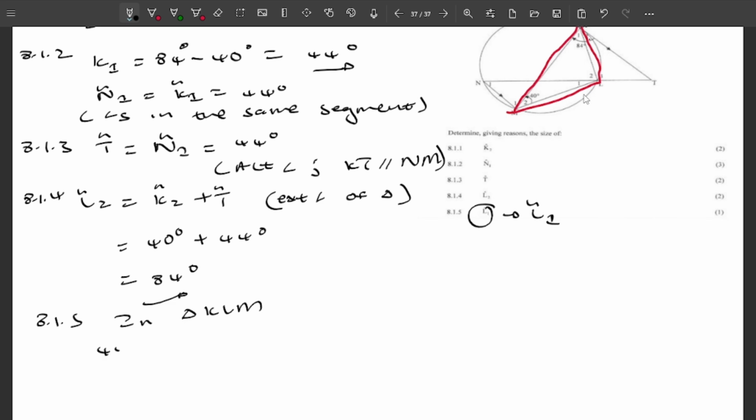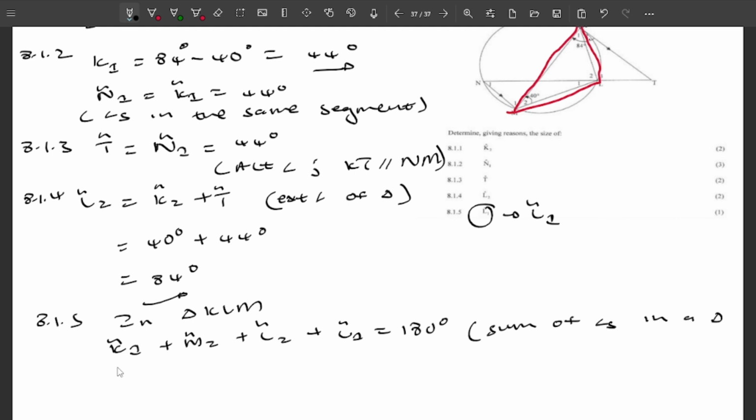we have 44 degrees from K1, or you could just say angle K1, plus angle M2, plus angle L2, plus angle L1 is equal to 180 degrees, sum of angles in a triangle. Now let's look for L1.